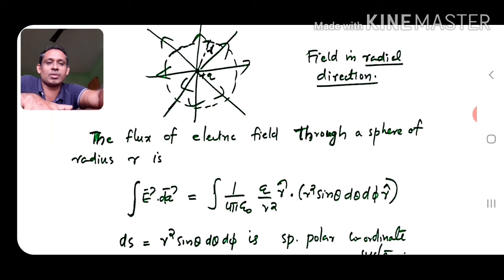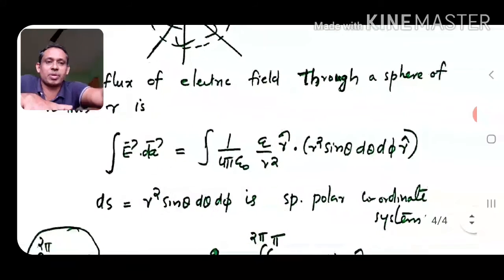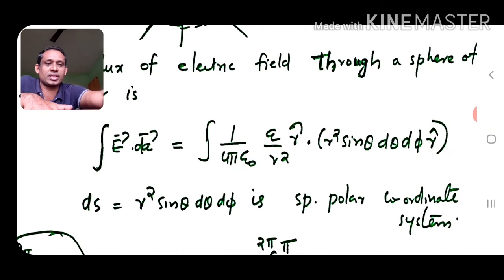So that is equal to 1 by 4 pi epsilon 0, q by r square, unit vector r. The electric field is 1 by 4 pi epsilon 0 q by r square r hat, and dA is the area vector. Now we are using the spherical polar coordinate system that you would have studied.